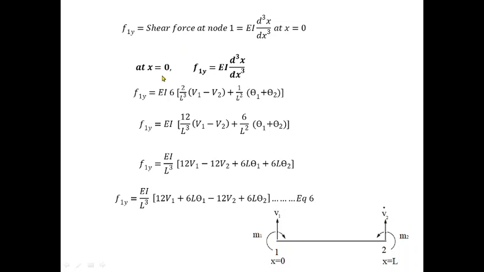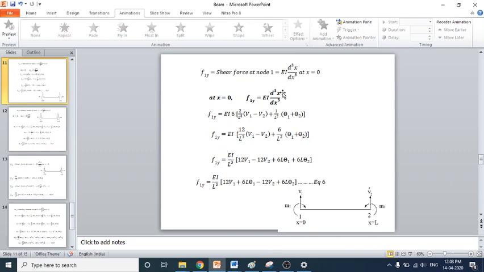Yeah. So now let us consider F1y. F1y is the shear force at node 1. So at node 1 we know that x is equal to 0. F1y is given by EI d cube v by dx cube. Sorry, actually it has to be v, d cube v, let me change that. Sorry for the inconvenience.